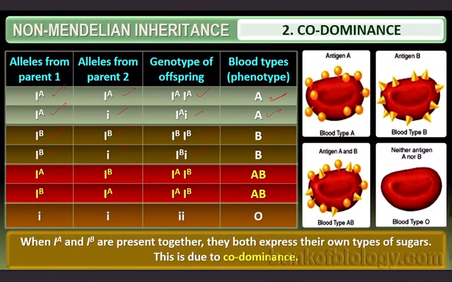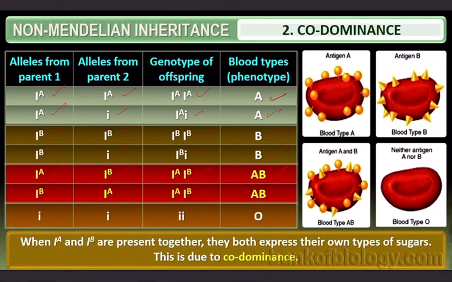Similarly, father side IB, mother side also IB, no doubt the child will be having the genotype IB, IB, and pakka he will become blood group B. Other version is father side IB, mother side I0, or reverse also it can happen, and there is no rule like that, okay. Then it will become IB, IO, and the child becomes B blood group person.